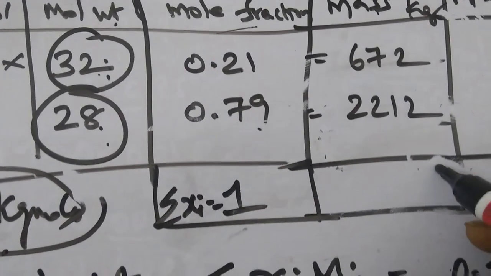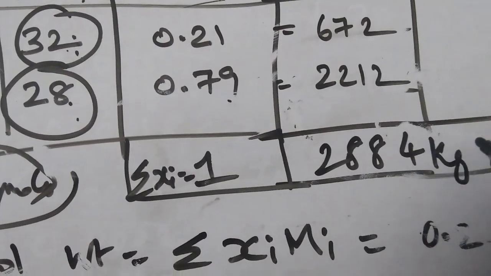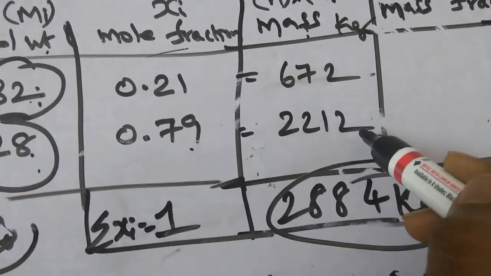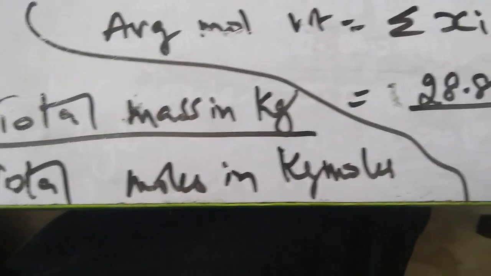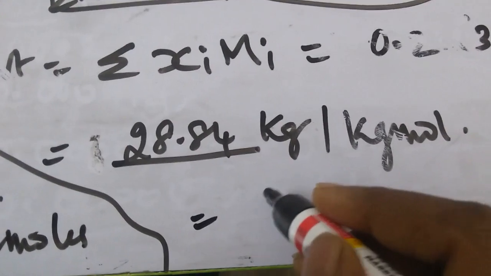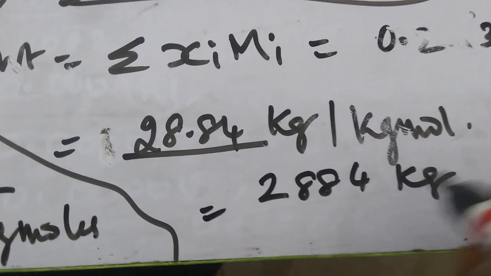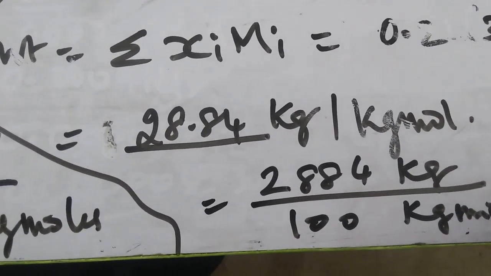If we make the summation, we get 2884 kg as the total mass. The individual masses are 672 and 2212, the total mass is 2884 and total kg moles is 100. The formula is average molecular weight equals total mass in kg by total moles in kg moles: 2884 kg divided by 100 kg moles.